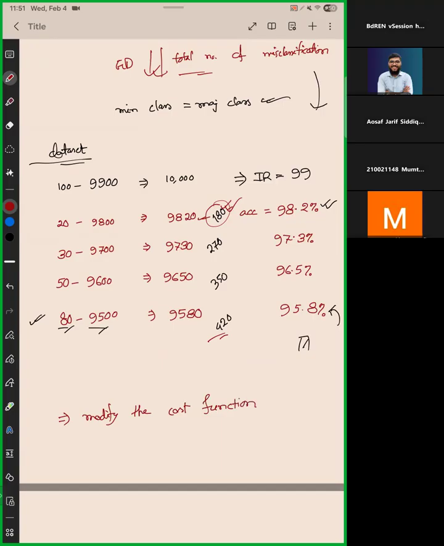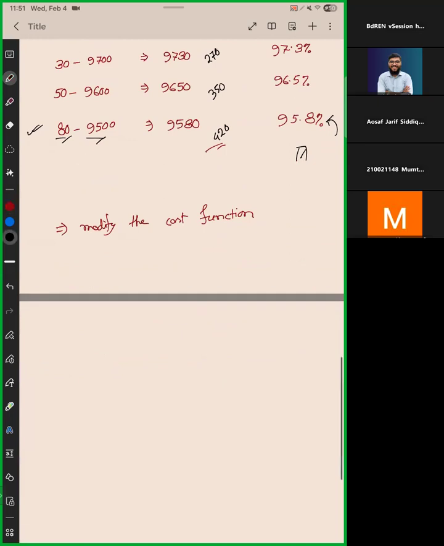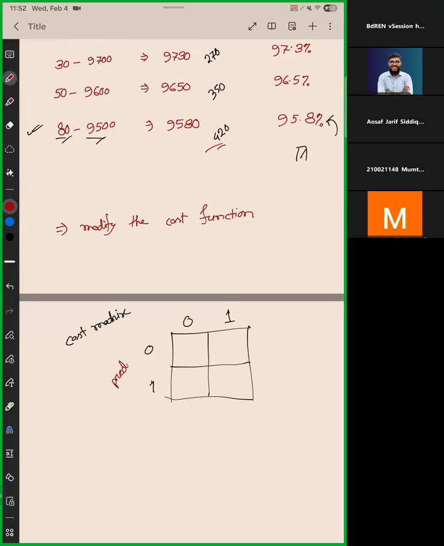How do you modify the cost function? We use a cost matrix. What does it mean? This is the predicted ones. This is the actual ones. So try to understand. If actual value is 0 and predicted is 0, is it correct or wrong?